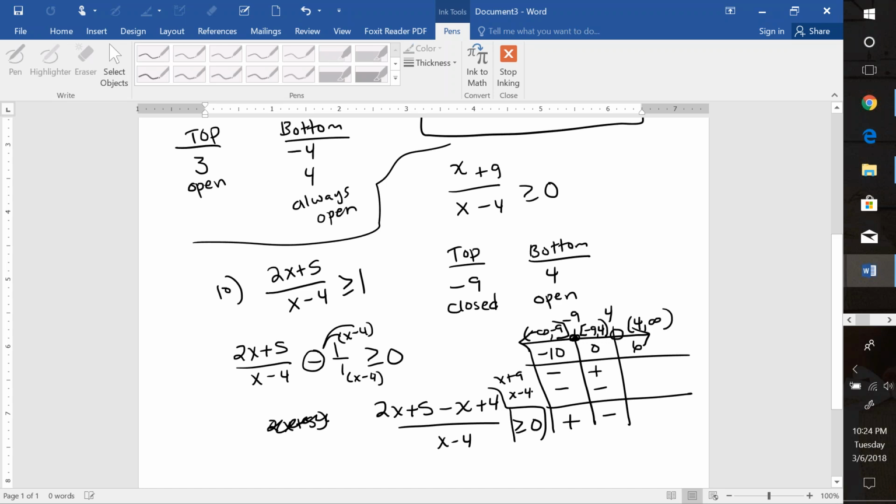Overall negative when you multiply together. This would be 15 and 2, so that's positive times positive, which is positive. Since we were looking for greater than or equal to 0, we're going to go with the two positive cases. So this is negative infinity to negative 9, bracket, union with 4 to infinity.